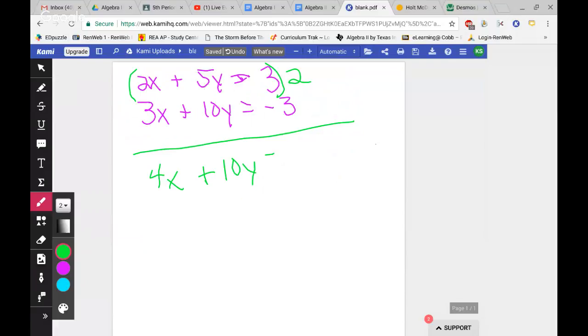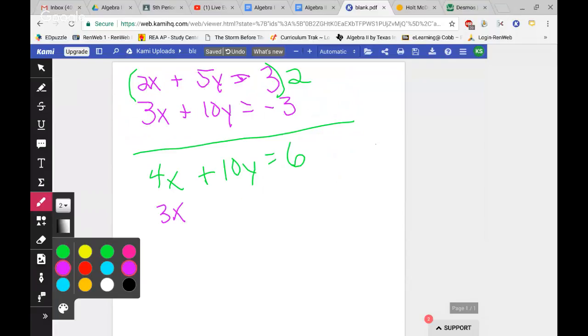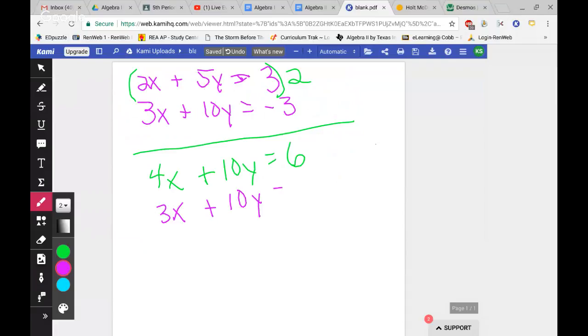And 2 times 3 is 6. I'm going to go ahead and rewrite my bottom equation underneath it. Now I have to pick, am I going to add or am I going to subtract in order to eliminate my 10y? Because then you have to make that decision as well.